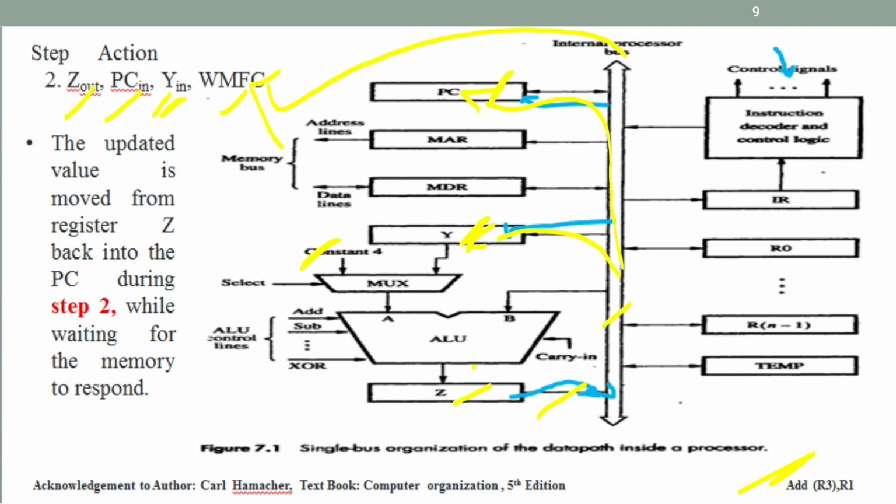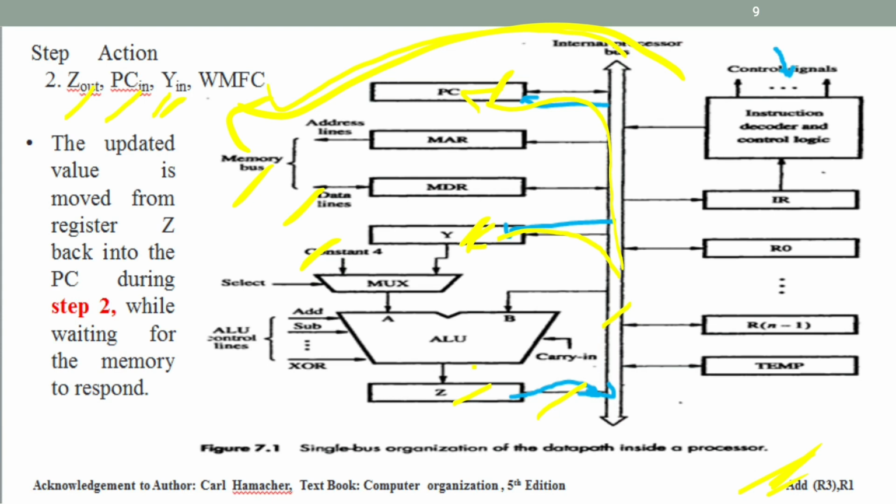So okay. Next, WMFC means wait for memory function complete. It means that to whichever memory location the processor has sent the read signal, where this instruction is stored, till that memory location puts this onto the data lines of the external memory bus, the processor has to wait.